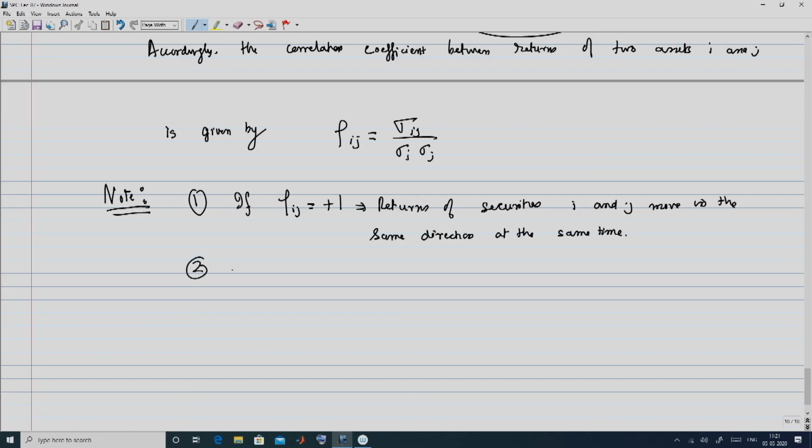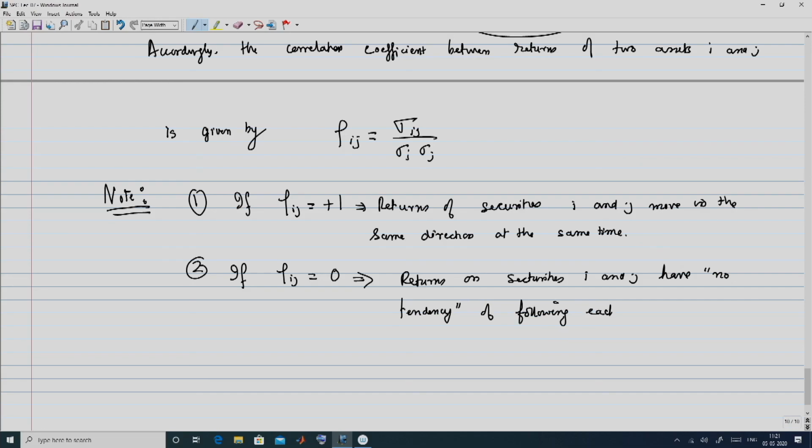The second observation, and again these are similar to the observations that I had made earlier: when rho I j is equal to 0, this implies that returns on securities I and j have no tendency at all of following each other.